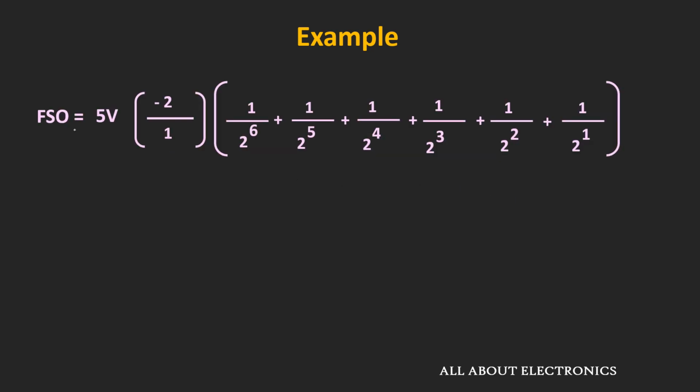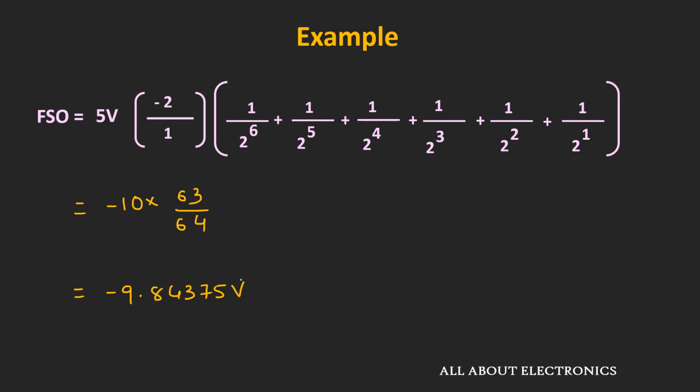So if we simplify it, then the full scale output voltage will be equal to minus 10 times 63 divided by 64, that is equal to minus 9.84375 volt. So this will be the full scale output voltage.